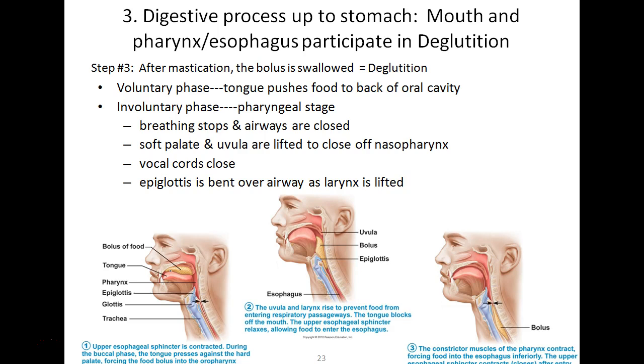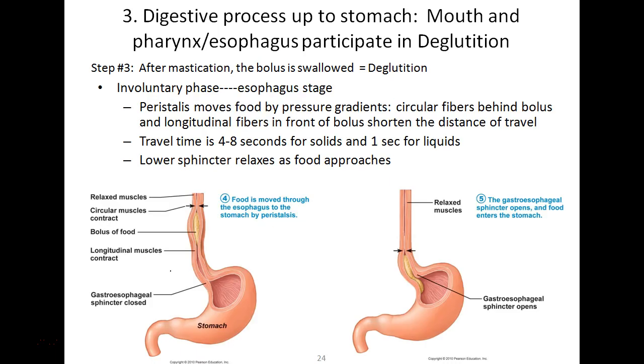After mastication, the bolus is swallowed. We also call that deglutition. As mentioned before, we have a voluntary phase and an involuntary phase. And then after mastication and then after deglutition, that esophagus moves that food down to the stomach.